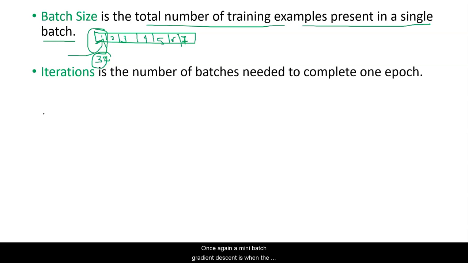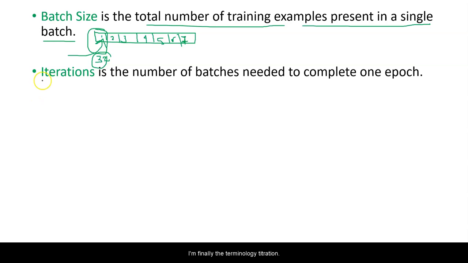So once again, a mini batch gradient descent is when the batch size is set to more than 1 but less than the total number of examples in the training data set.